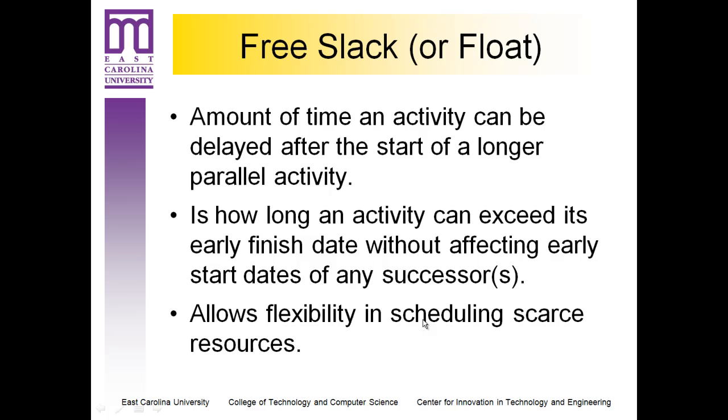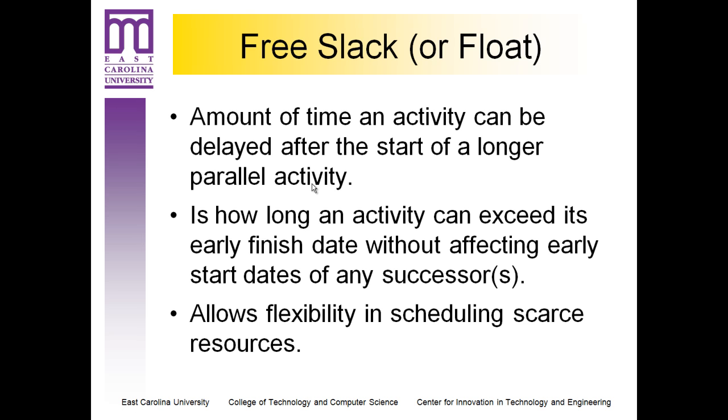Now we break down slack into 2 definitions. We have free slack and we have total slack. What we see here is the definition of free slack, which is the amount of time an activity can be delayed at the start of a longer parallel activity. Again, parallel or concurrent activities are those that can be run at the same time.